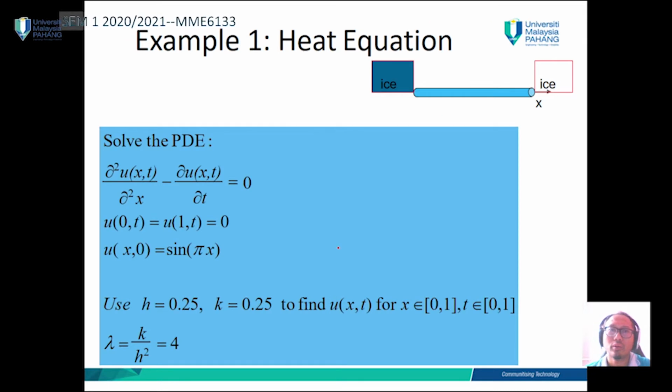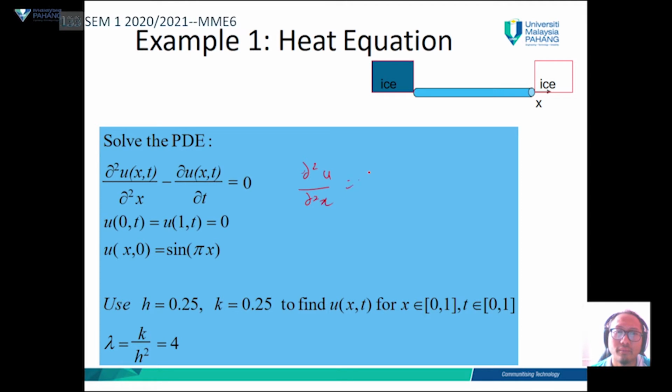So we are going to look at the first example, using the same heat equation. We have a thin insulated rod with length x, where one part is being chilled by ice. Using the heat equation, the second derivative of u as a function of space and time minus the first derivative of u over time, this is equal to the equation that we had previously.